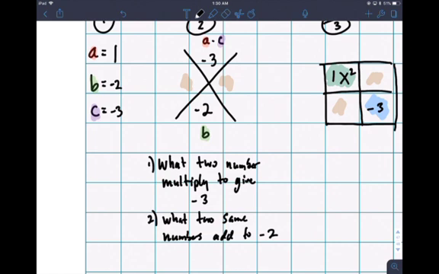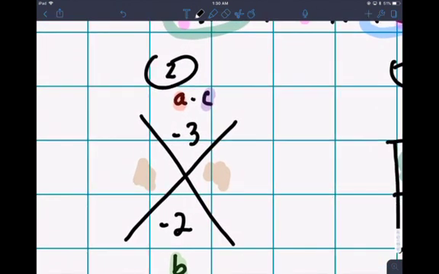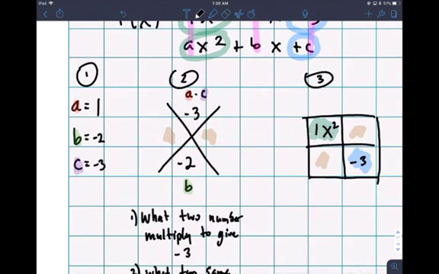So I need to find two numbers that, when I multiply, give me -3, but when I add, give me -2.